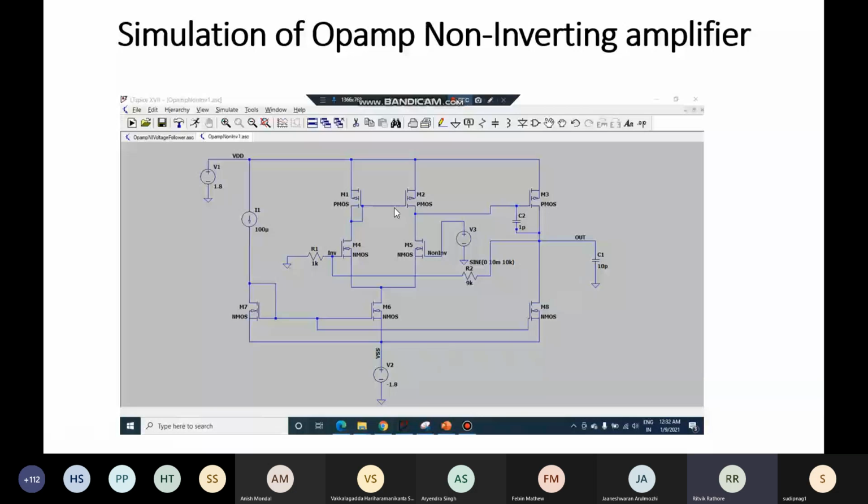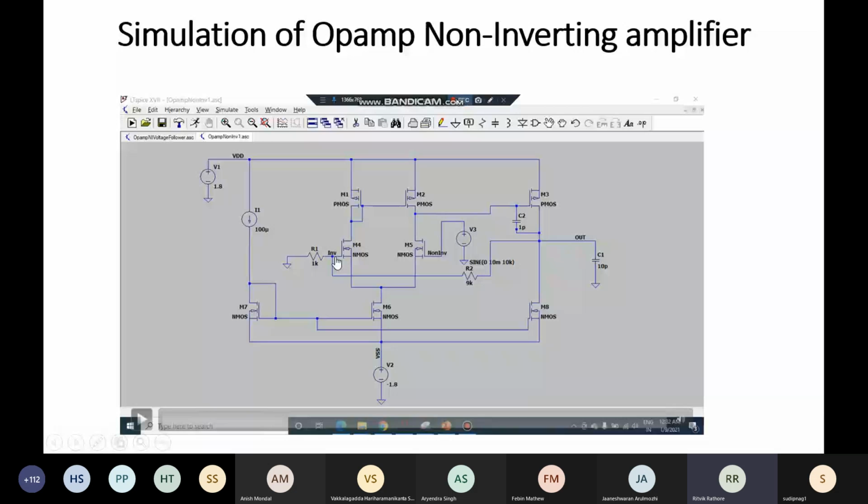Now, for a non-inverting amplifier, I'm using exactly the same schematic, but now the input is connected to the non-inverting terminal of this op-amp. We have already seen how to identify the inverting and non-inverting terminals. So I'm connecting a sinusoid with no DC offset, 10 millivolt and 10 kilohertz. And of course, there is feedback connected from the output terminal via a resistance of 9 kilo ohm to the inverting terminal of the op-amp.